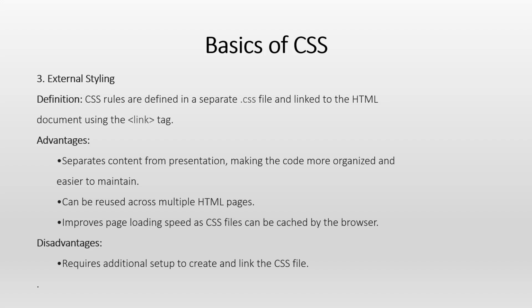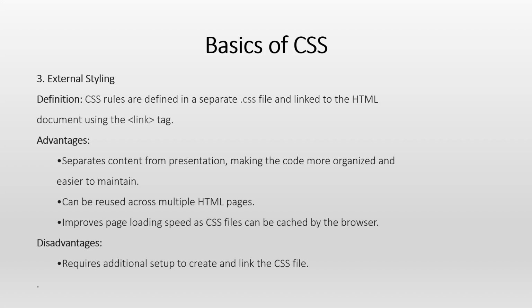CSS rules are defined in a separate .css file and linked to the HTML document using the link tag. External styling is nothing but creating one CSS file. Like we created an .html file named index.html, in a similar way we will create one CSS file like style.css.